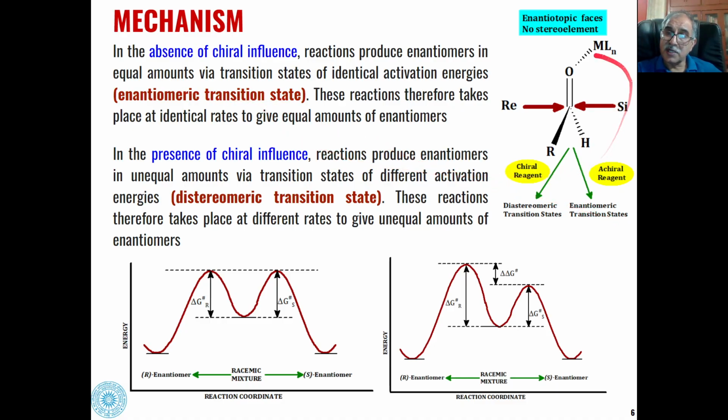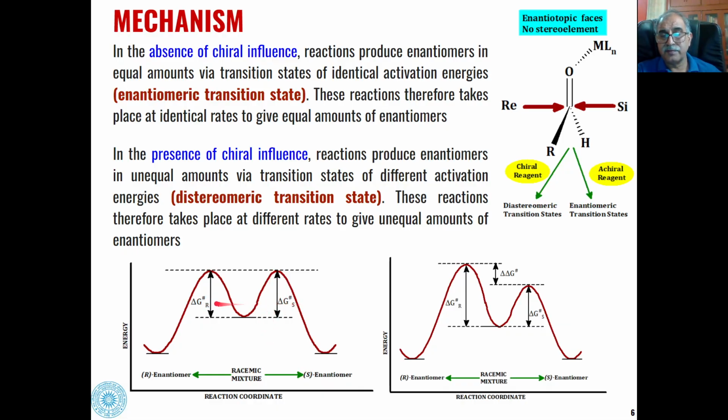And in these types of reactions, where there is no stereo element present throughout the reaction, the reaction will take place at identical rates, and equal amounts of enantiomers will be formed in the presence of an achiral reagent. So you can see, if R is converted into a racemic mixture, it requires the same activation energy as the S enantiomer requires to change into the racemic product.